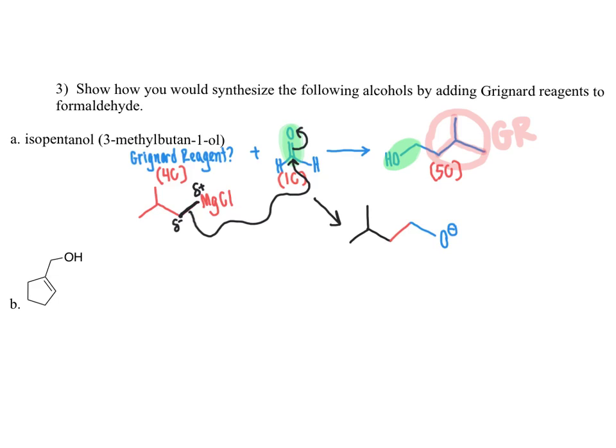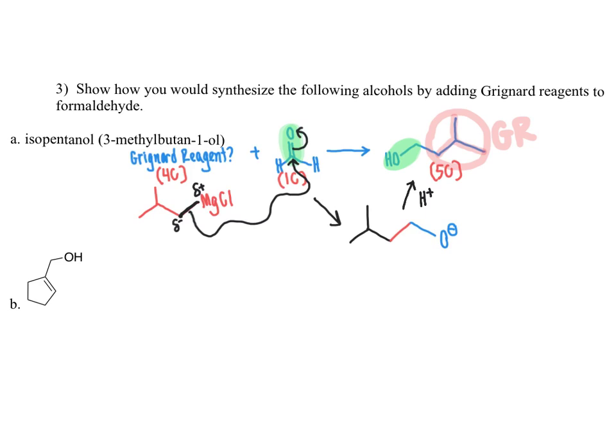We'd have a 1-carbon chain there, originating from formaldehyde, with the oxygen anion. And then we had our 3 carbons, 1, 2, 3, and the 4th one there. Our new covalent bond gives us this. And then to finish this off and get all the way to that alcohol, we would need to bring in a source of acid to protonate that.